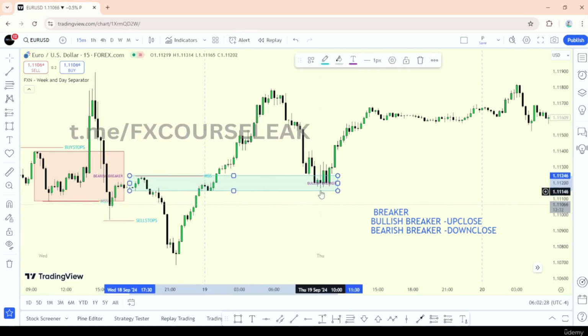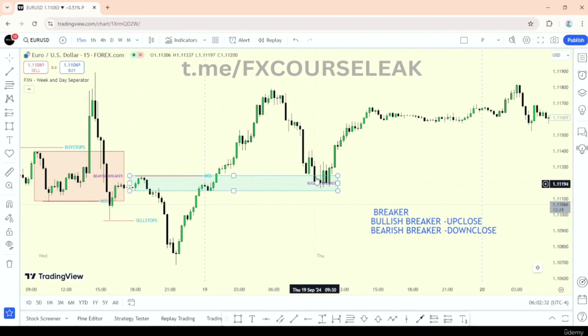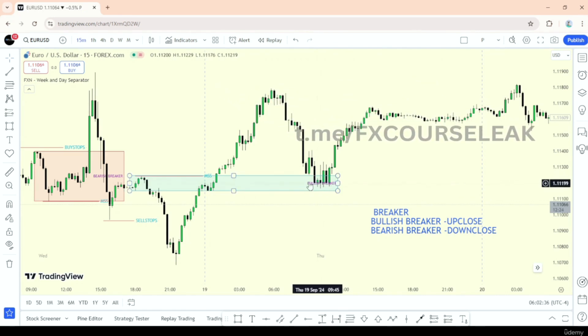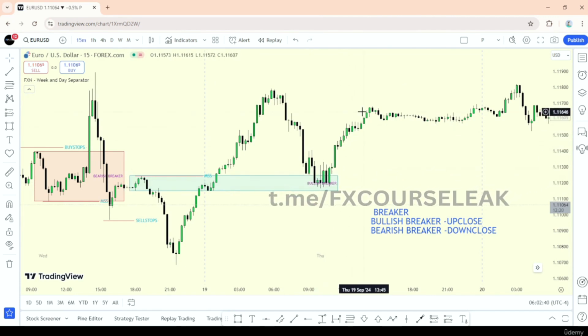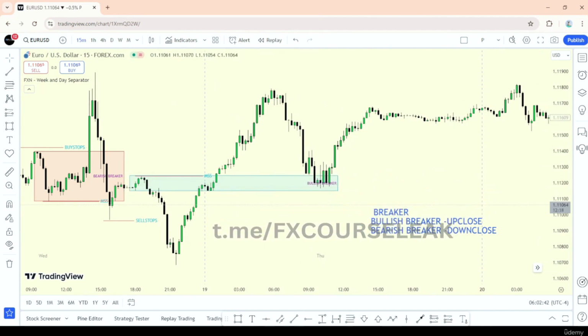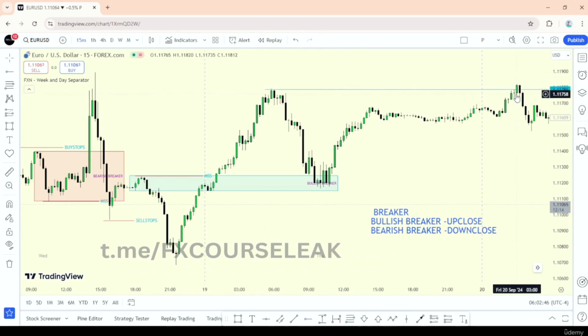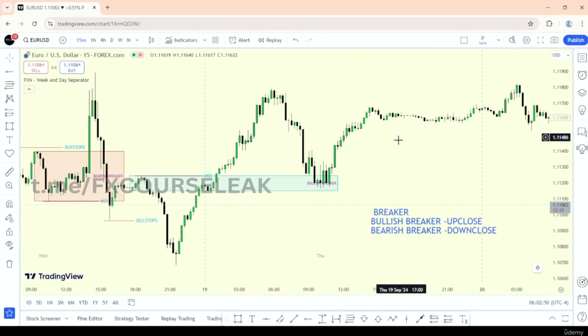And we can see that at a certain time, we came back and retested this area, and then the market went further to confirm a higher high. We ran back above this high. So that is the idea behind a breaker.